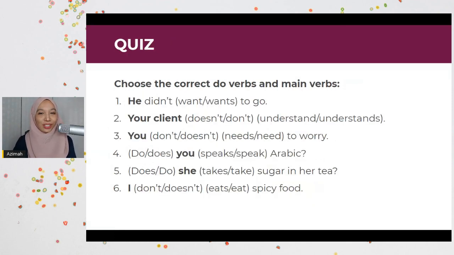So here's your quiz. You're going to choose the correct do verbs and main verbs. Let's read it out loud and you can write in the chat. So number 1, he, that's the subject, he didn't want or wants to go. So I'm forming a negative sentence.